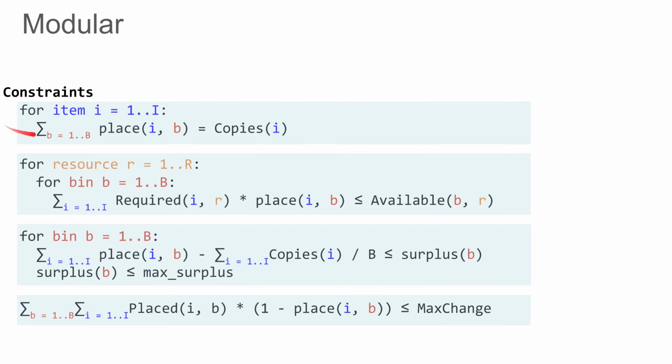Relating to my example, you have a family of constraints related to making sure that you place all of the items, to making sure that the capacities are not overconsumed, to actually balance the placement, and then to make sure that we didn't move too many items. So it's really modular, and when you code this in your code, it's also modular like that. So it's clean, readable, easy to test.